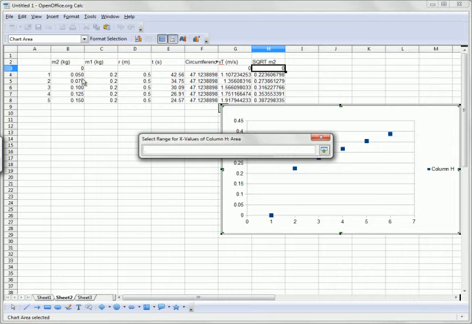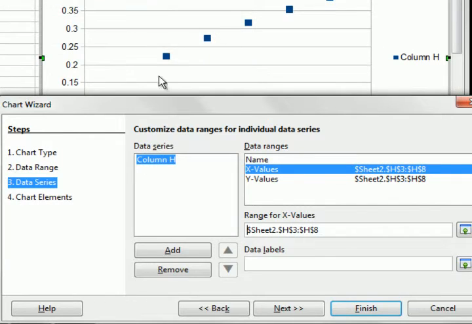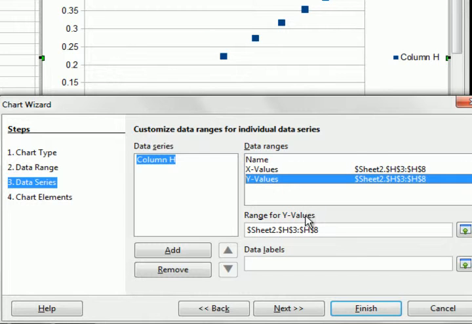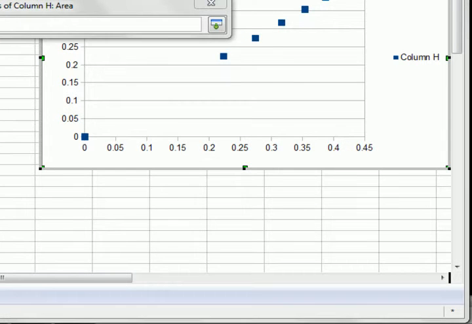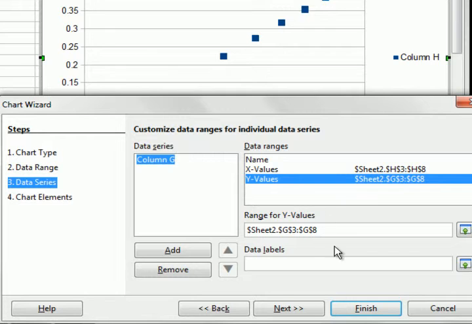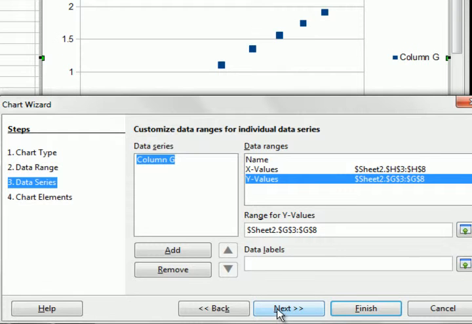And now, rather than M2, I'm going to use the square root of M2 here. And then I have my Y values. Oh, no, it's not choosing my correct Y values right now. Close. And here are my correct Y values, to get VT. And then I move on, next.